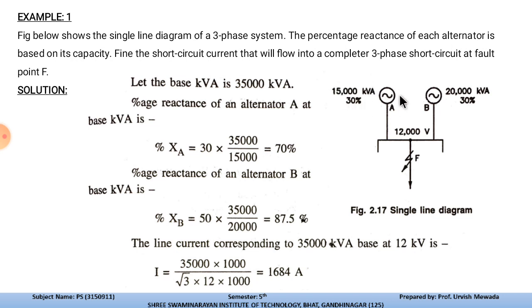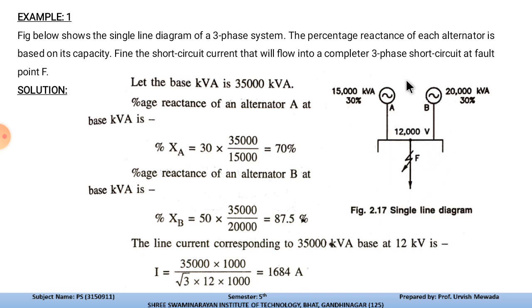We need to determine the percentage reactance of each generator and find the short circuit current that will flow for a 3-phase short circuit at fault point F. So at this point we need to find the value of the short circuit current.